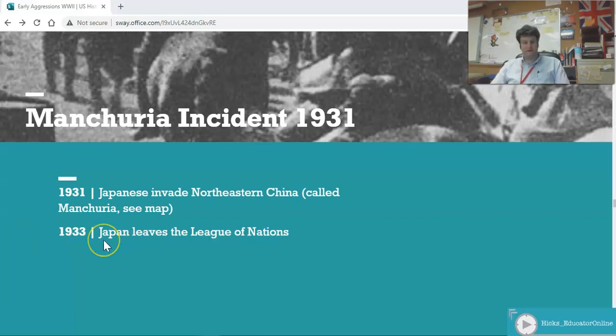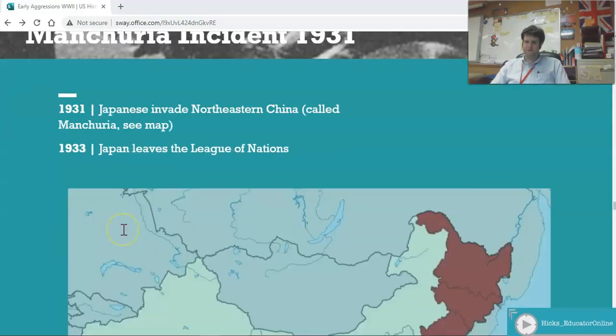Now, obviously, the League of Nations did not approve of this invasion, but Japan really didn't care. The Empire of Japan would actually withdraw from the League of Nations in 1933, and the League of Nations really didn't have any consequences for that action. And so, at this point, the League of Nations was not being taken very seriously, especially by the Japanese.